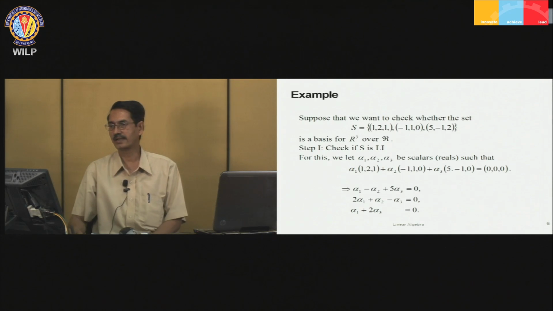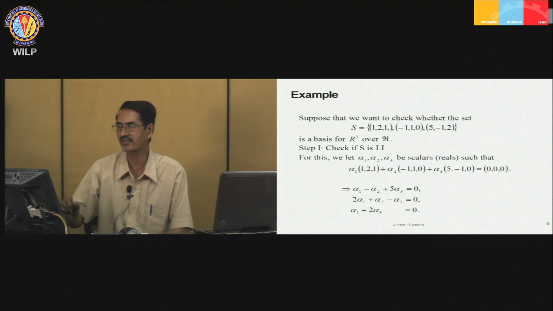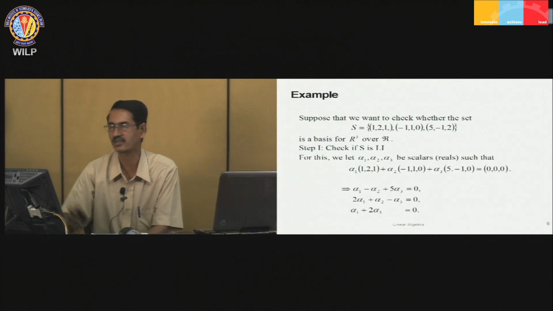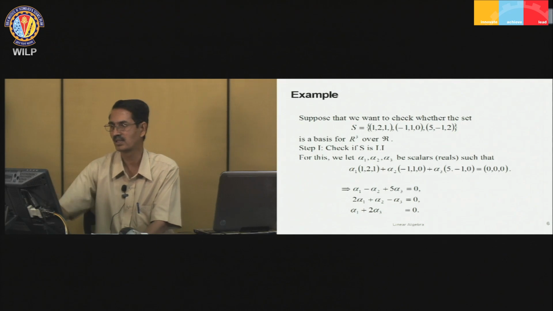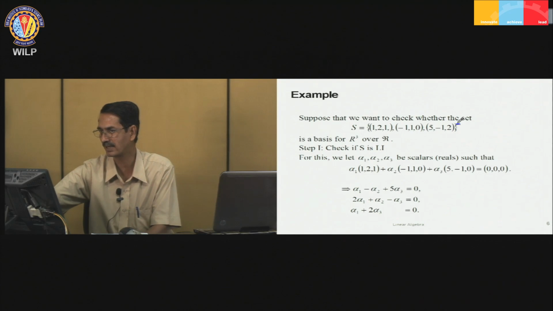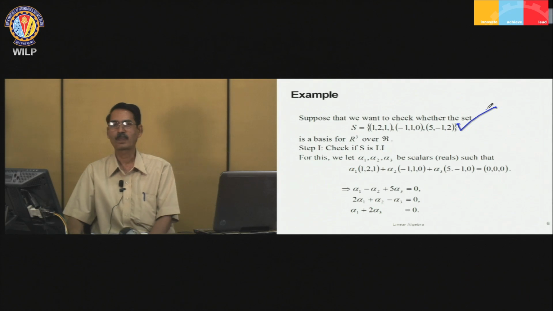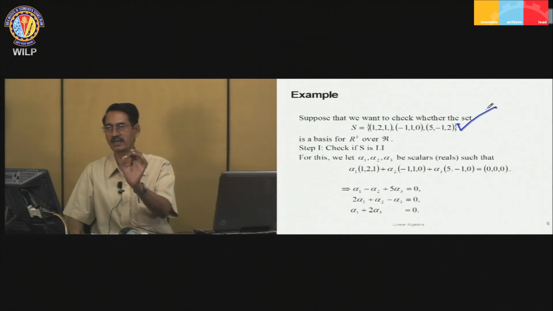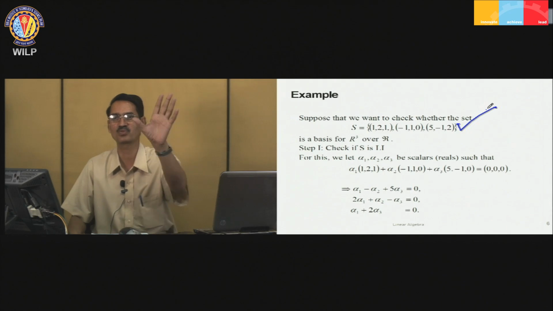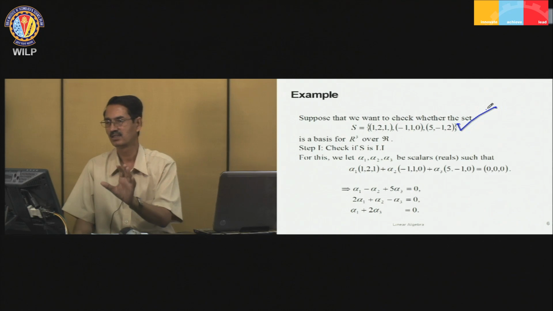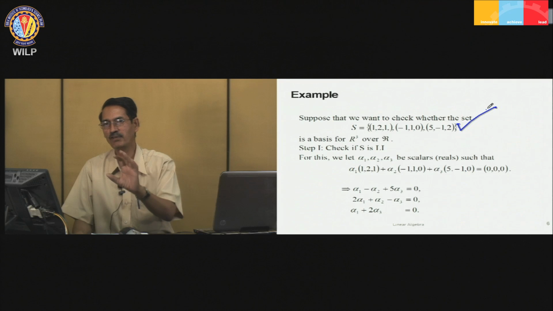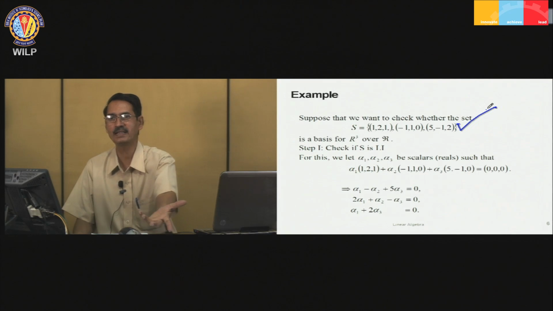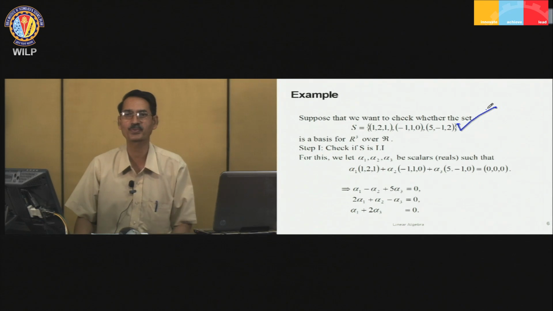Look here, again this set S is a subset of R3. It consists of 3 elements again: (1, 2, 1), (-1, 1, 0) and (5, -1, 2). And we want to again check whether this is a basis for R3 or not. Again recall, if we can show that S is linearly independent, it will imply that S is a basis.